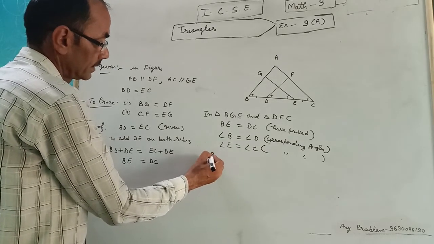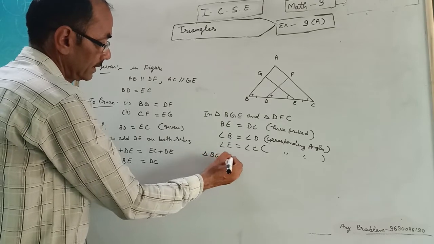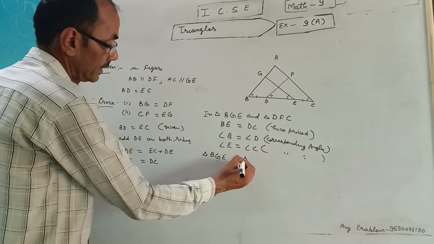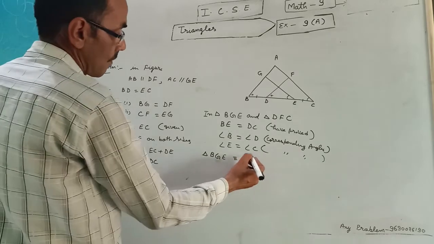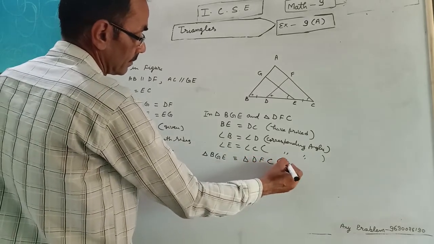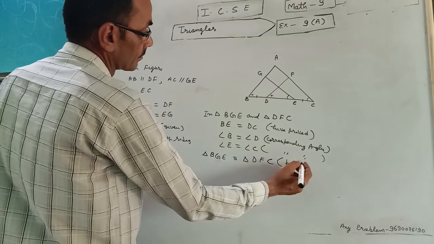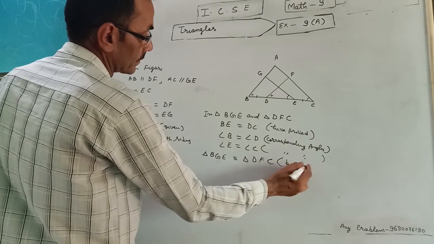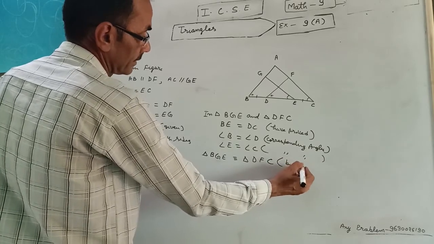Triangle BGE congruent to triangle DFC by ASA.